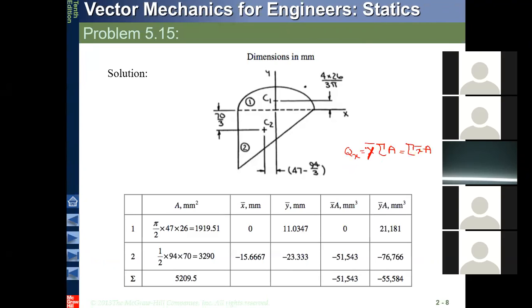It should be y, sorry, and qy. So you have to calculate the total area, and you have to calculate x bar a for each element and sum over all of them to get qx and qy.